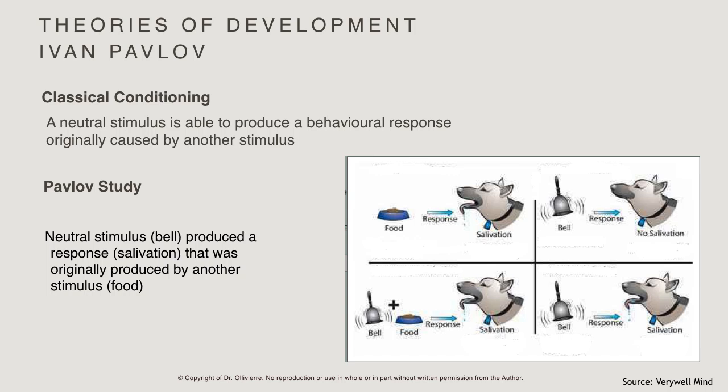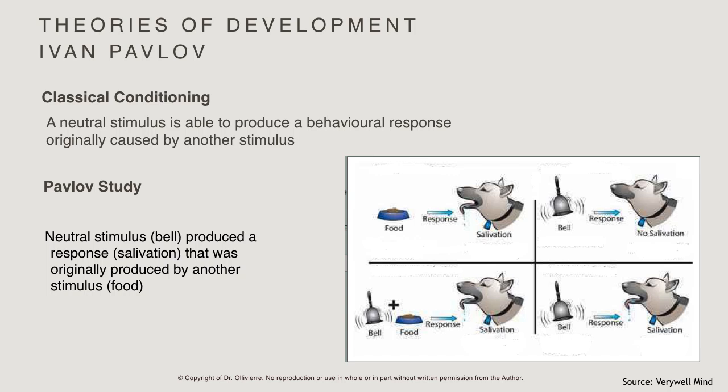So, for example, when the ringing of a bell was paired with food, the bell ringing later was removed, and the dog would salivate. Later on, when the bell was ringing and there was no food, the dog still continued to salivate.